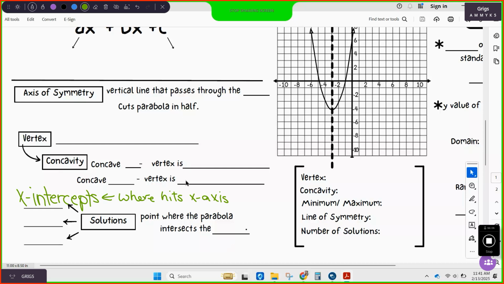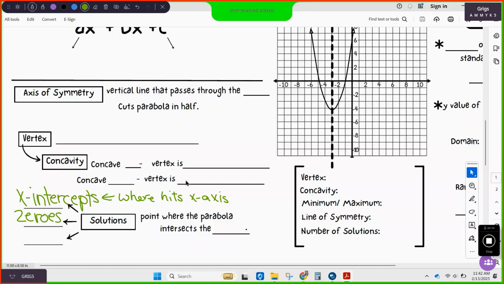Alright, so x-intercepts have more than one name. I have solutions, which are x-intercepts. X-intercepts are also roots and zeros. X-intercepts could also be zeros. That's what we referred to them as in the linear unit.